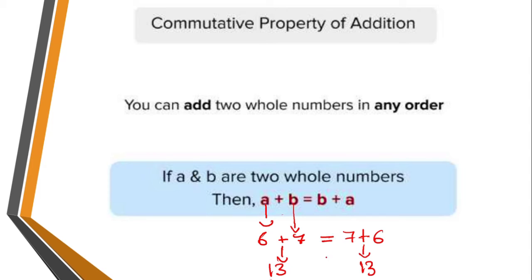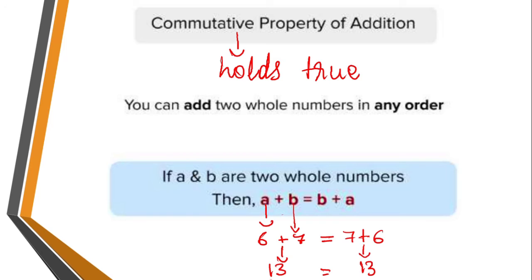So you can see it's equal in both cases. If you take any problem of addition and interchange the numbers and then solve them, the answer will be the same. So commutative property holds true for addition.